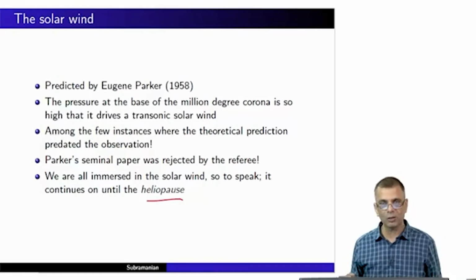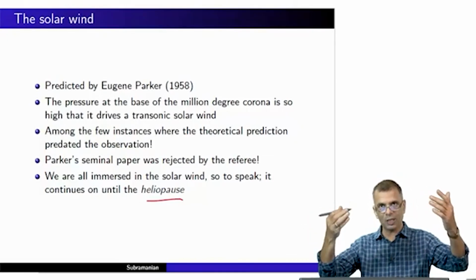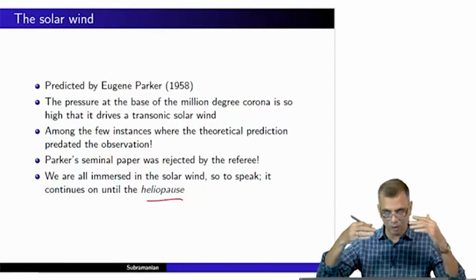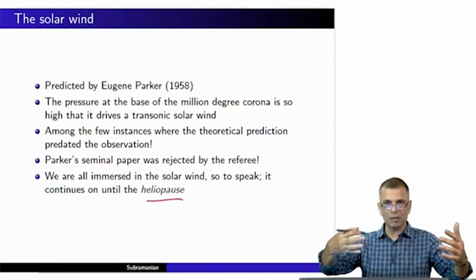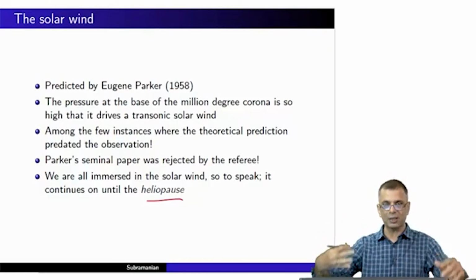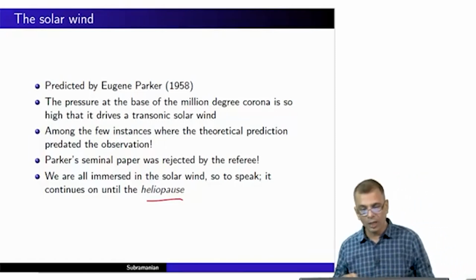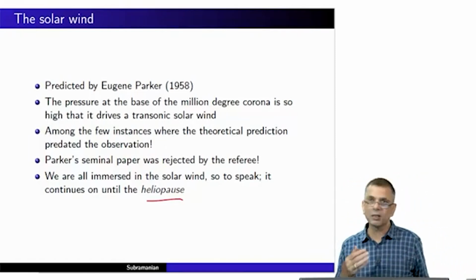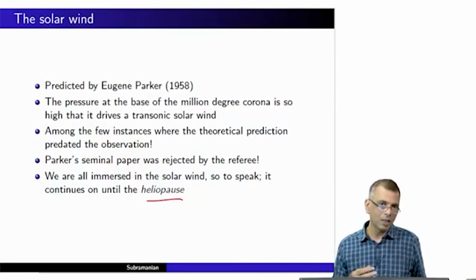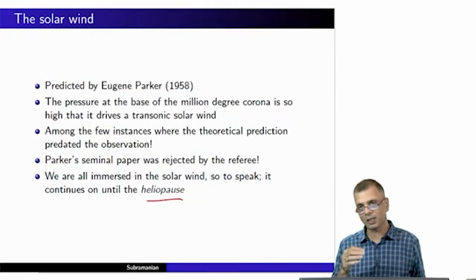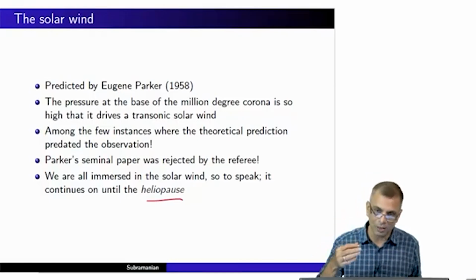It is a stream of highly charged, hot particles, streaming past the earth as we speak. The only thing is, of course, the charged particles do not enter the earth's atmosphere. The earth has its magnetic field, and the magnetic field protects the atmosphere from the charged particles entering it.